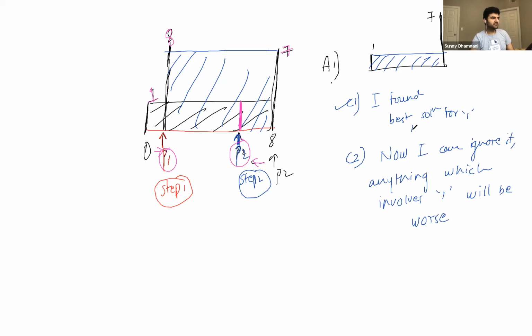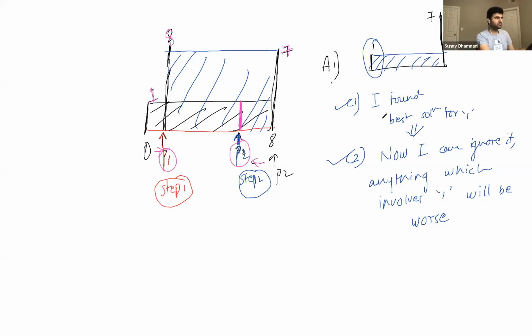So from C1, can you see why C2 holds? Because I found the best solution. Now you bring anything to me which includes this 1, that will be worse. So now I can treat it as, okay, this is not part of the array anymore, and I can just ignore it. That's the thought process. Can you see why C2 holds? Yes, sir.